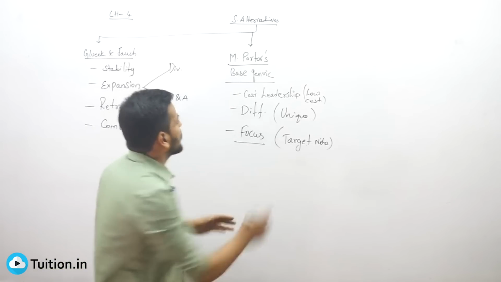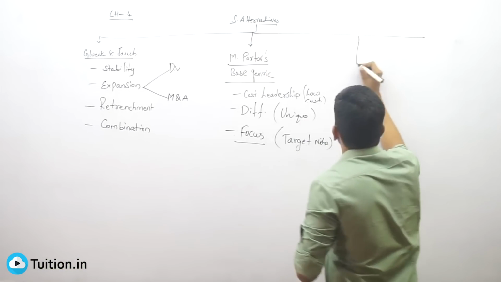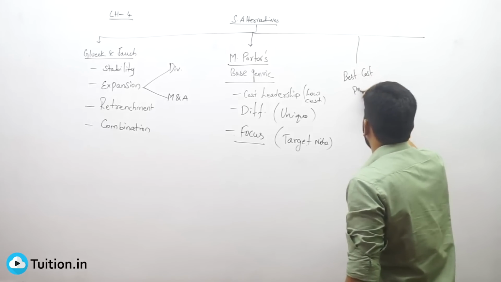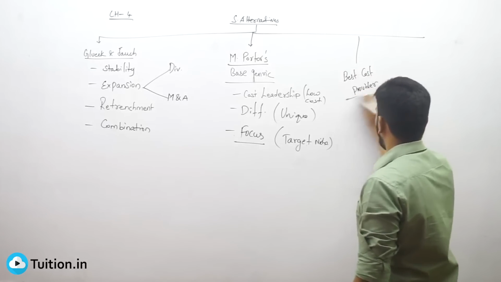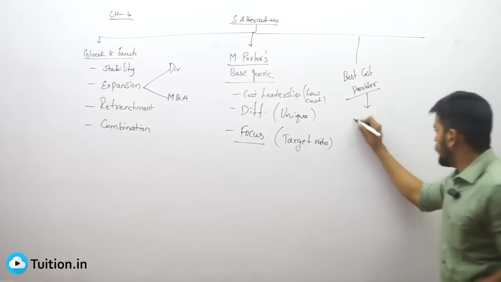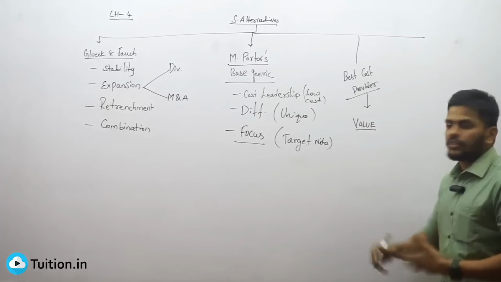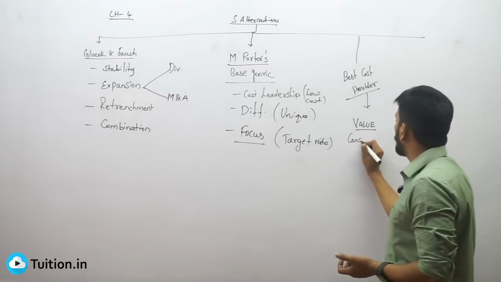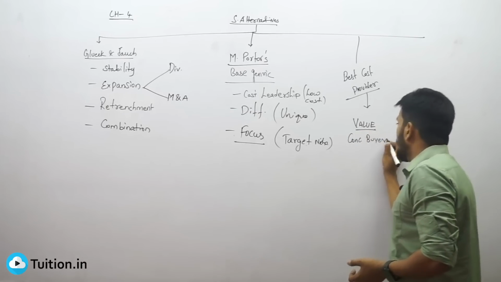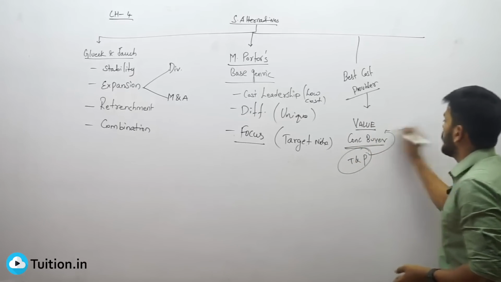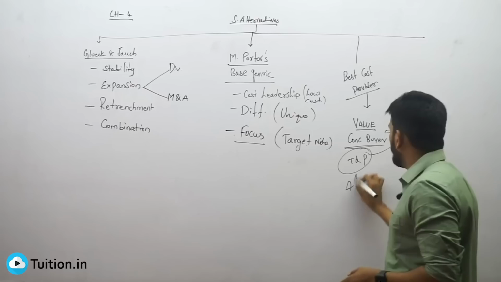Apart from this, to continue, there is also something called the best cost provider strategy. Who is it talking about? Value, guys. Value conscious. Here we are discussing the best cost provider for a value conscious buyer. So his idea is always on taste and preferences that suit him, and value, and most importantly affordability.